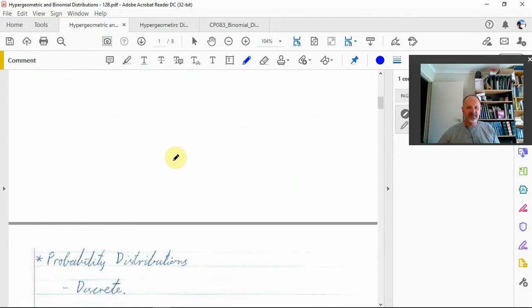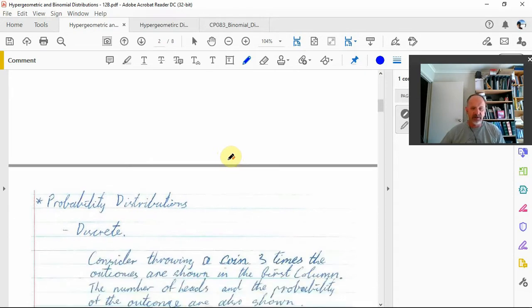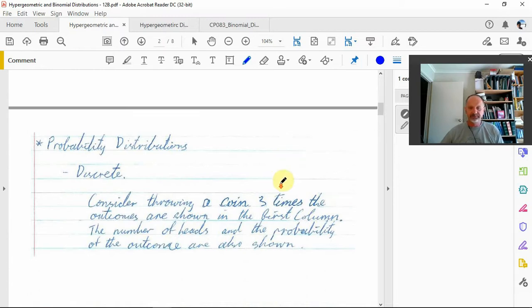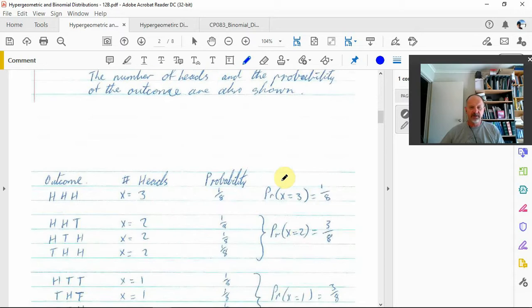So probability distributions. So let's look at how the probability of things might be distributed. And so discrete ones we're going to look at first. So this one here, we're going to consider a coin, and we're going to throw this coin 3 times.